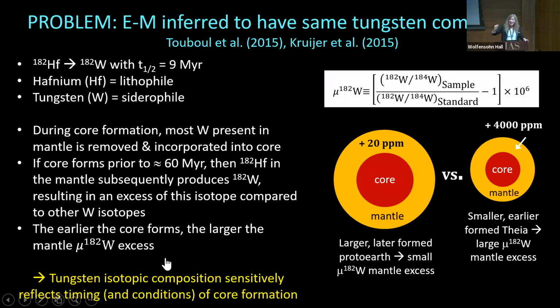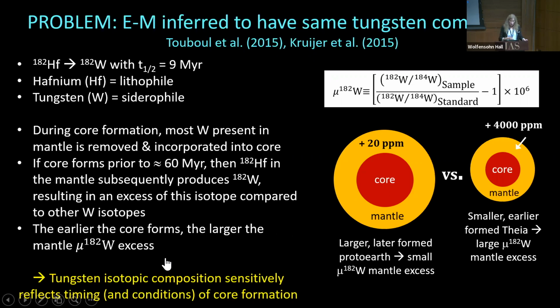And there'll then be an excess of that isotope that was produced radiogenically compared to the other isotopes of tungsten, which were preferentially pulled out into the core when it formed, okay? The earlier the core forms, the bigger this mu 182 tungsten excess in the mantle will be.